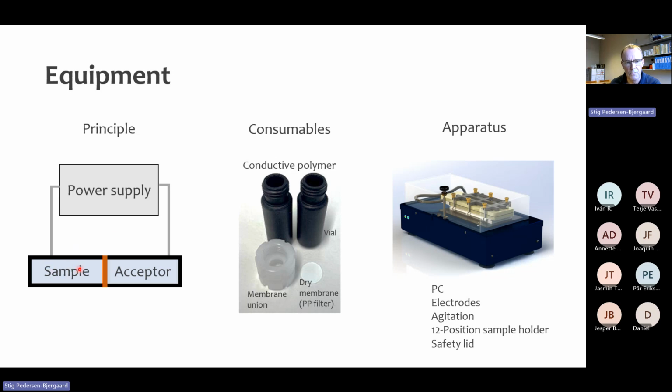We have sample solution, liquid membrane, and acceptor solution, and the electrical field is coupled directly to the containers because they are made of conducting polymer. Here you can see the apparatus with the power supply and the shaking system, and the plate where you can load 12 samples for simultaneous extraction. And this, of course, is controlled from a computer.